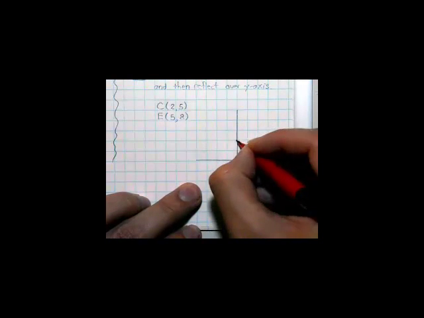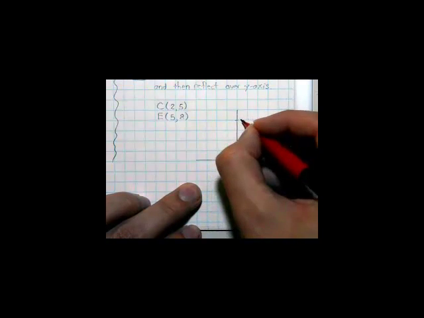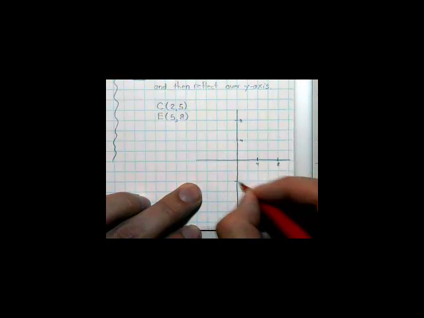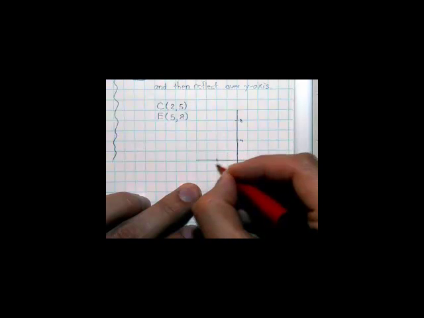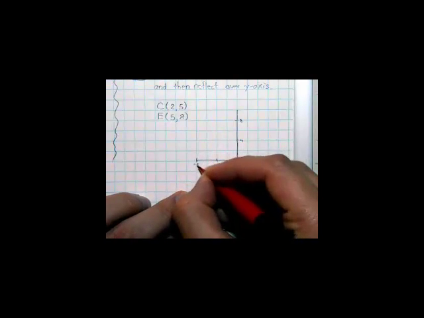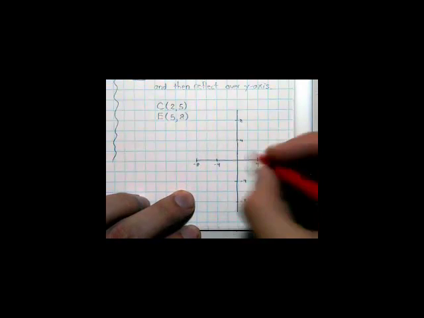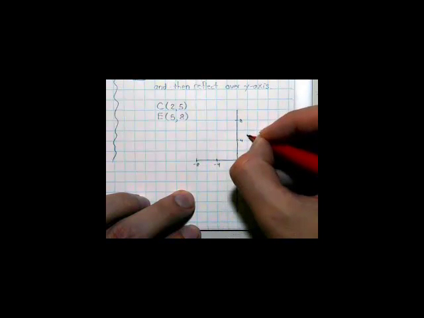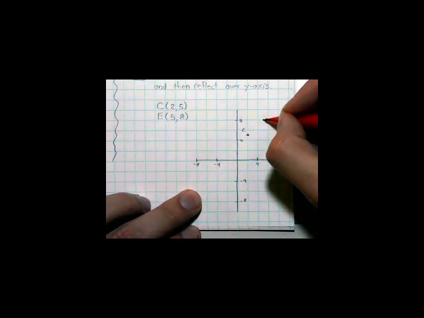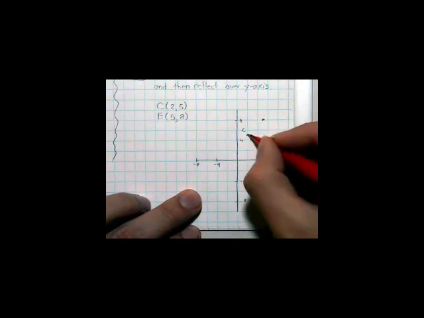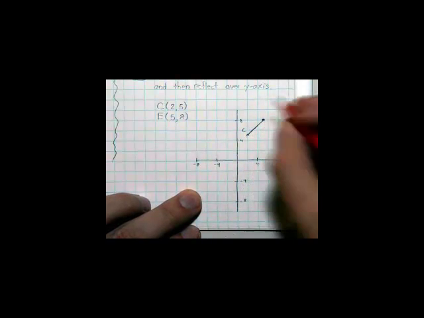Otherwise, it's going to kind of go off the page. Okay, so this little segment is at 2, 5. There's C. And then E is at 5, 8. So there's the segment. We're going to rotate and then reflect.